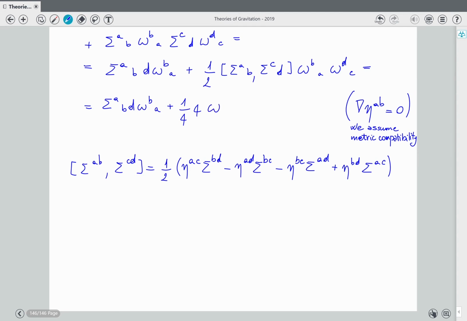And B and D, so A and C. And then you have B and D, which are sigma. Be careful with the indices that we raise and lower. So B is the first index, then I have to write it here. And D is the second index. Now we reorder them a little bit.